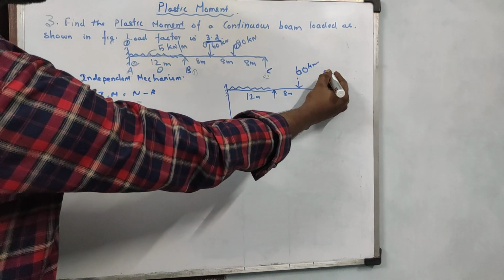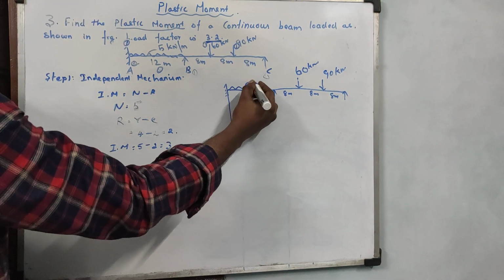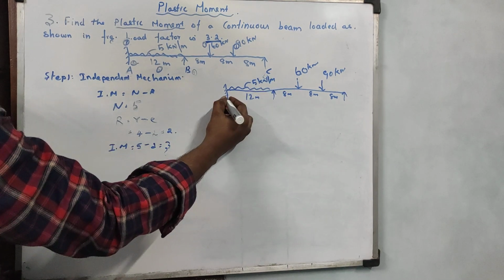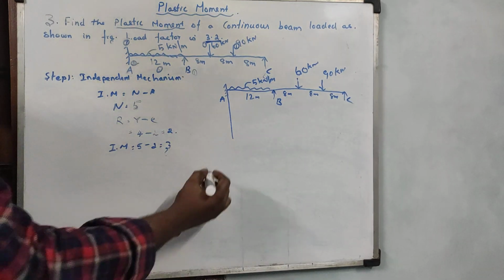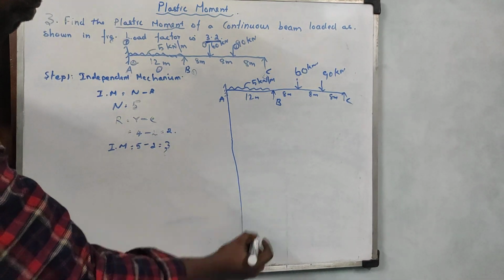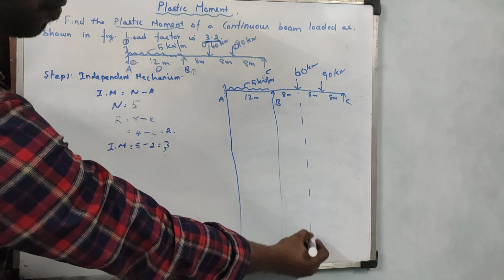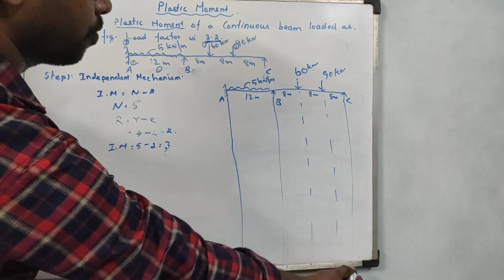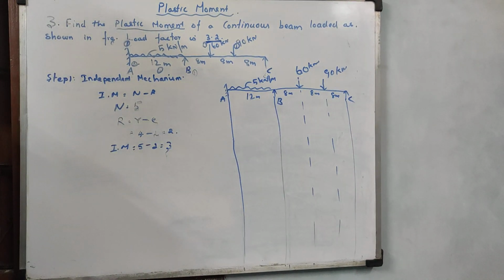Here the load is 90 kilonewton, and here 5 kilonewton per meter. It is A, B, and C. So we have three independent mechanisms.